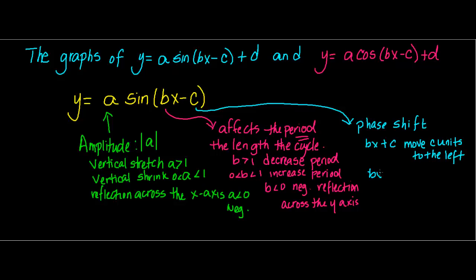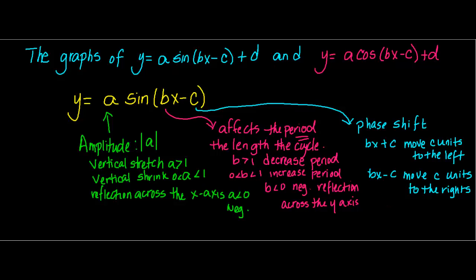If I have bx minus c, the graph will move c units to the right. This number does not affect the period. It doesn't affect the amplitude.